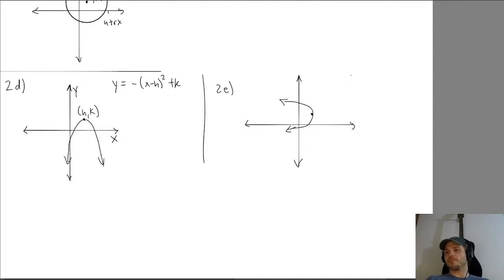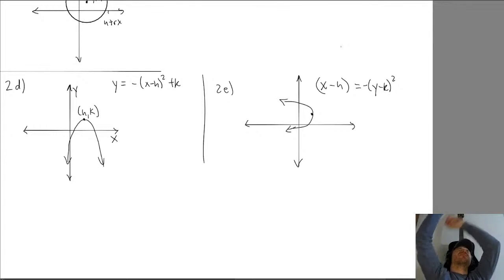It doesn't really matter. So we're going to go x minus h gives us y minus k squared, and then one of these needs to be negative. I'll just put it there. But let me think about this, because I want to make sure that I have everything right here, because I might actually want to switch the k and the h.